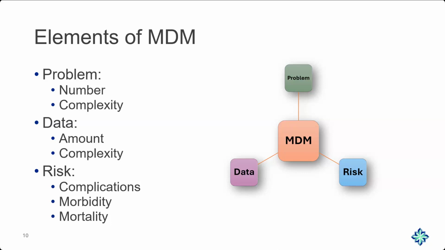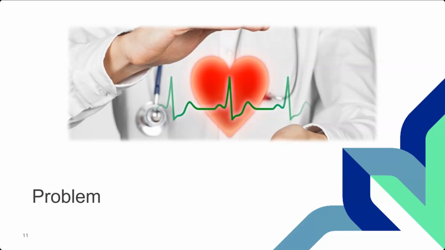We're also going to be looking at the risk of complications to the patient of the decisions that are being made. That could include morbidity, mortality, all of that. What's the risk to that patient from the decisions that are being made in this encounter? So we'll start with problem.